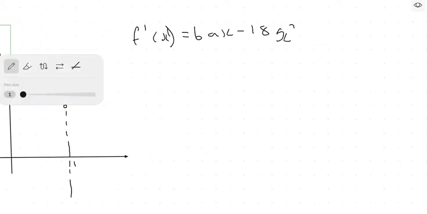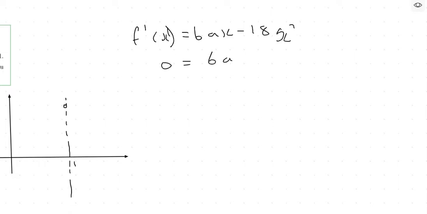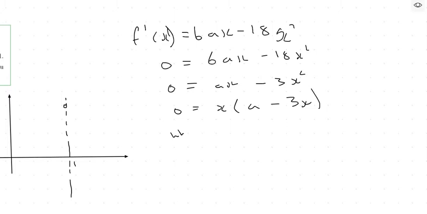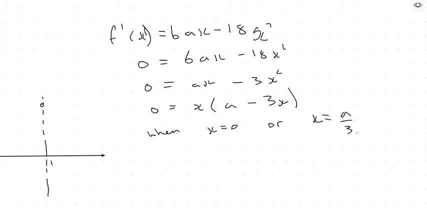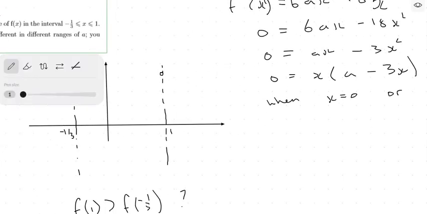And this is 0 when, divided through by 6, ax minus 3x squared, which is x times (a minus 3x). So when x equals 0 or x equals a over 3. Okay, so there's two possible places where the function has a turning point.